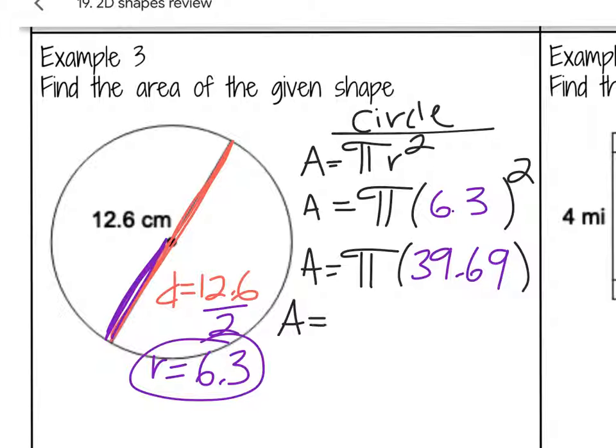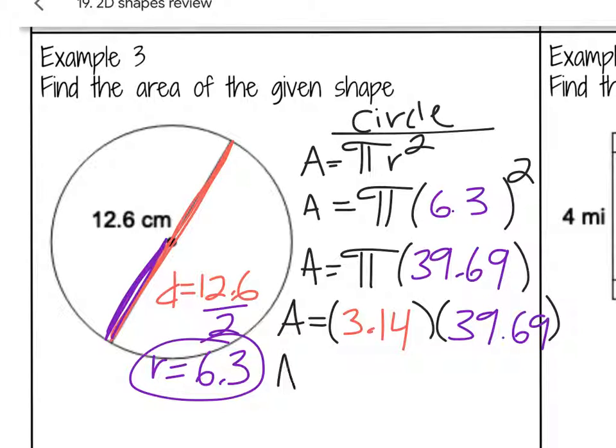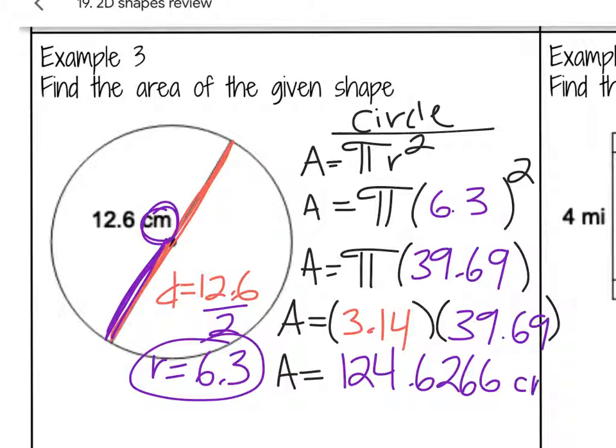Then this step, I'm going to fill in what I know for pi, 3.14 times 39.69. And I get that my area is 124.6266. Here I have centimeters squared.